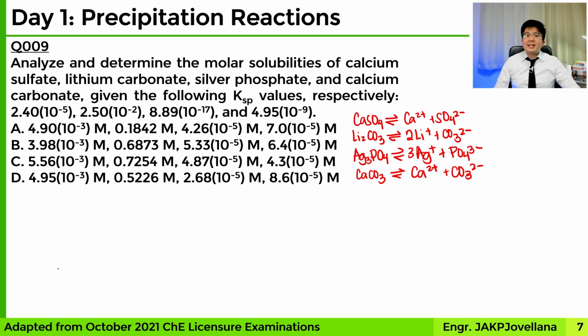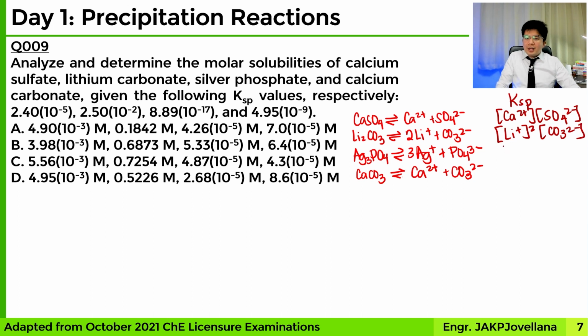Next, we can express their solubility products in terms of their equilibrium concentrations. So for KSP, for calcium sulfate, this is expressed as Ca2+ times SO4 2-. For lithium carbonate, we can express this as lithium plus squared times concentration of carbonate ion.